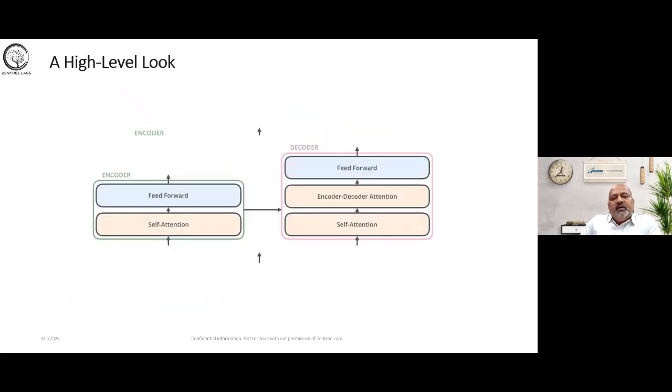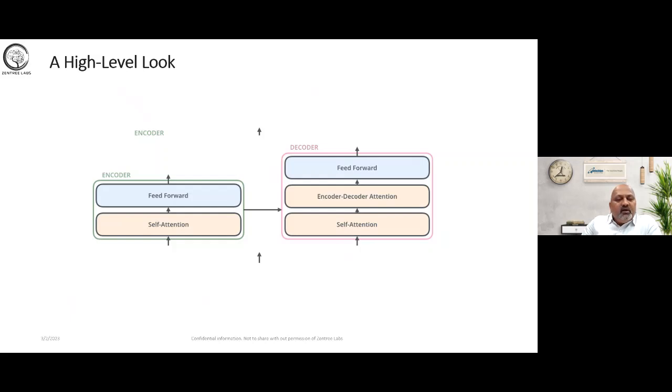Still continuing with the encoder and decoder, the critical blocks in the encoder, after word embeddings and position embeddings, are self attention, which is the predominantly major thing to understand here, and then feed forward. On the decoder side, you have an encoder-decoder attention model and the feed forward.